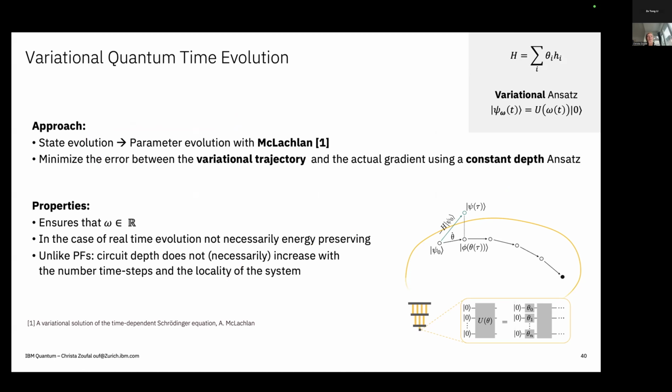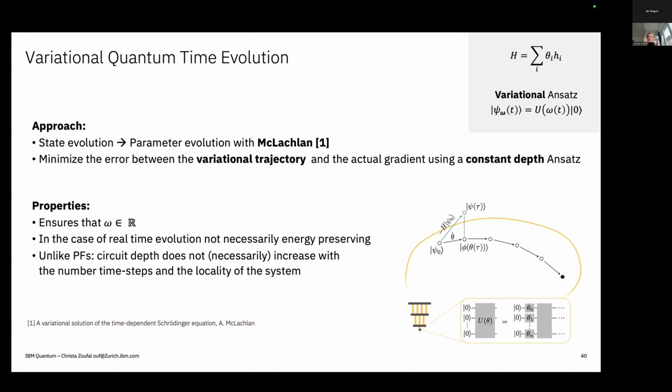Now, what this ensures is that our parameters always stay real compared to other variational principles, which of course makes it simpler to implement on actual hardware. And unlike product formulas such as Trotter, we can simulate a time evolution, such as imaginary time evolution, which we're looking at for thermal state preparation, with respect to an initial state.